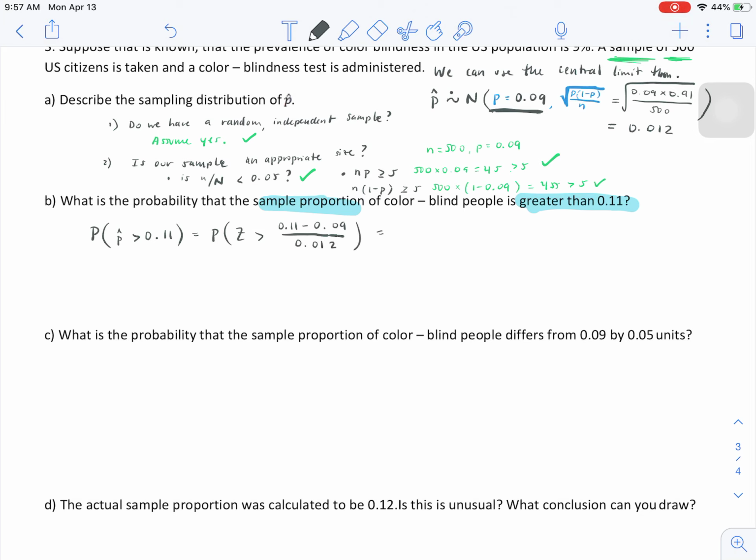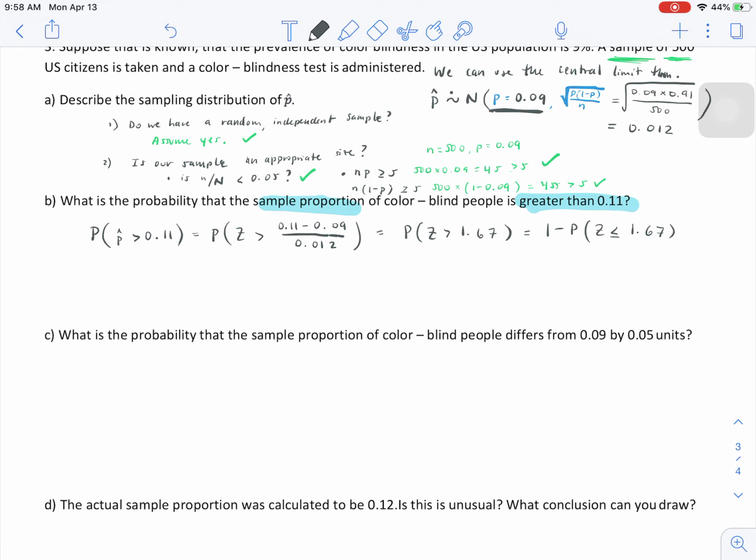If I plug this z-score into my calculator, I should get 1.67. Remember, to find the probability that z is greater than some value, that's the same thing as finding 1 minus the probability that z is less than that value.